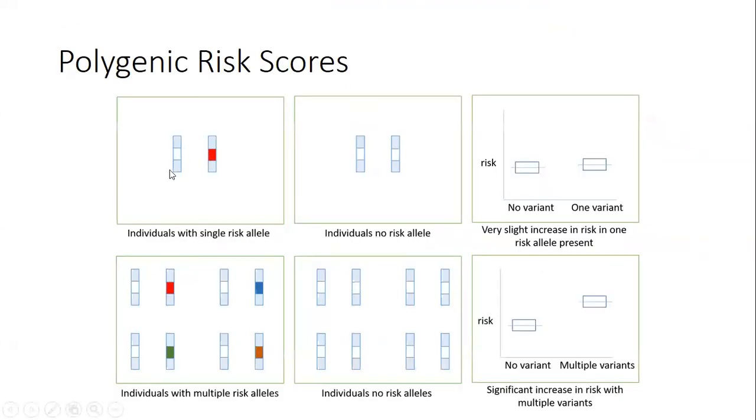So if you consider a single variant, and this is all hypothetical, the red is meant to be the variant that's associated with disease, and you compare the risk of disease in a person who, say, has one copy of this variant to somebody who doesn't, what you'll see maybe is an exceedingly subtle, statistically valid maybe, but subtle change in risk in the presence of this variant compared to when it's not there.